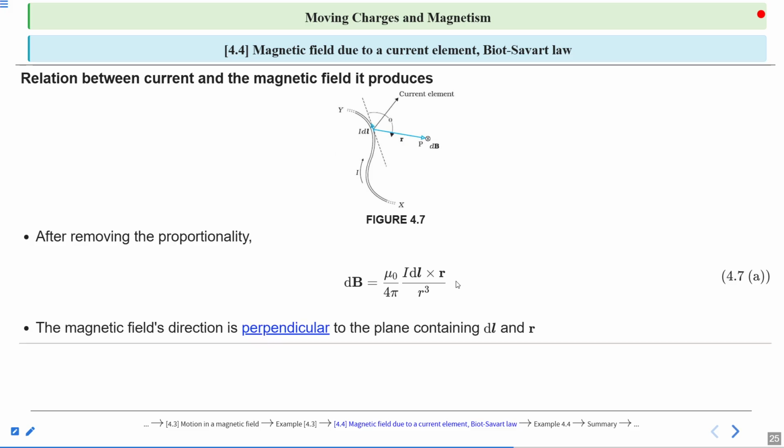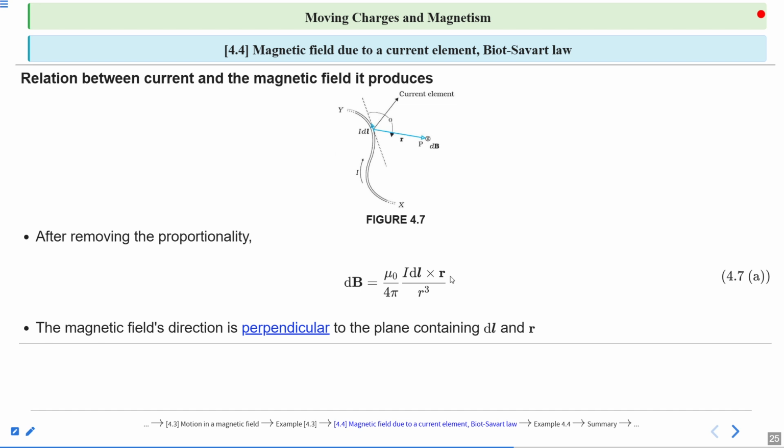The magnetic field direction is perpendicular to the plane containing dl and r. Now what is the direction of this magnetic field? We can find it using the right hand rule, and it is perpendicular to both dl and r. How can we find it? Align your fingers in the direction of dl and curl them in the direction of displacement vector r.